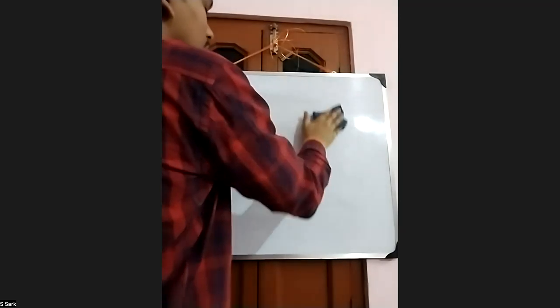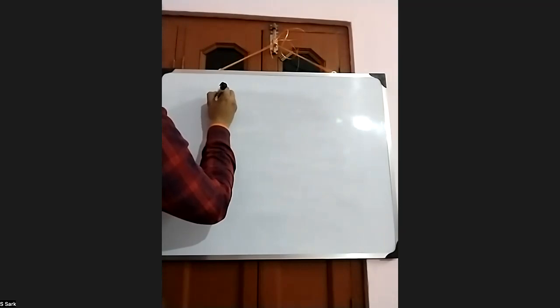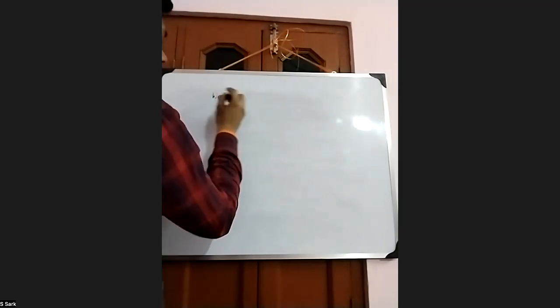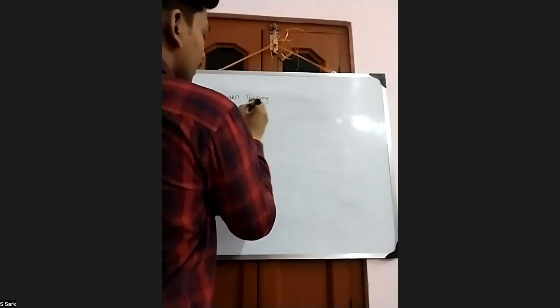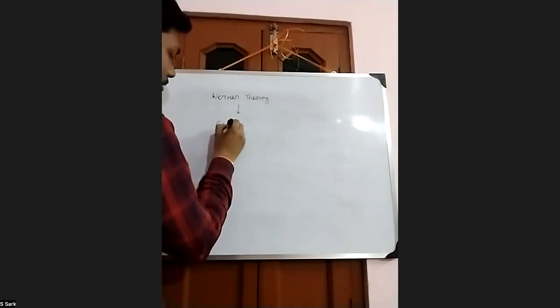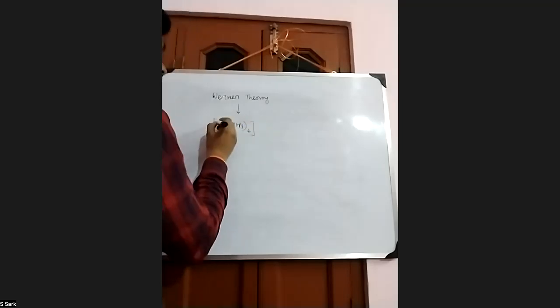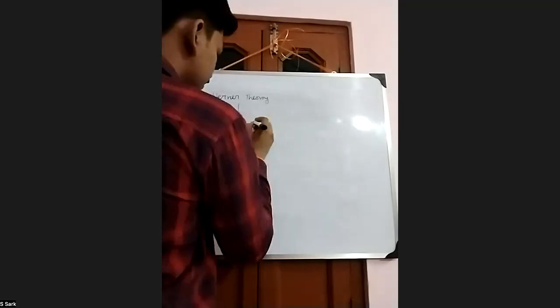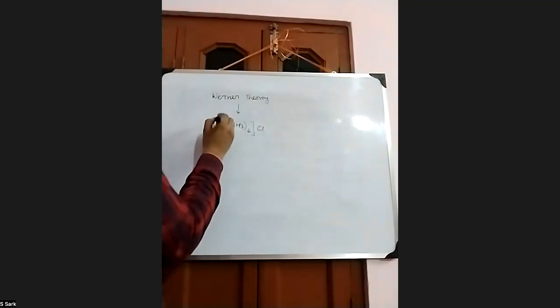The structural idea of a coordination complex is given by the Werner theory, because from Werner theory we can get the actual insight into how a coordination complex is formed, because there are some ligands which are attached to the central metal atom, and there are some spectator ions.